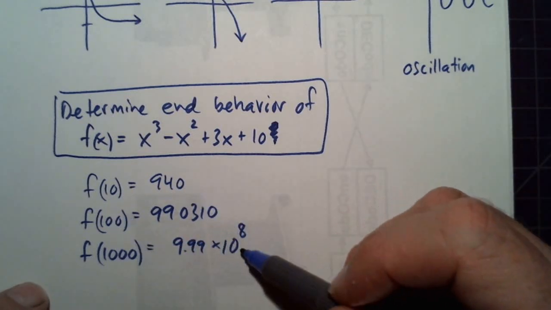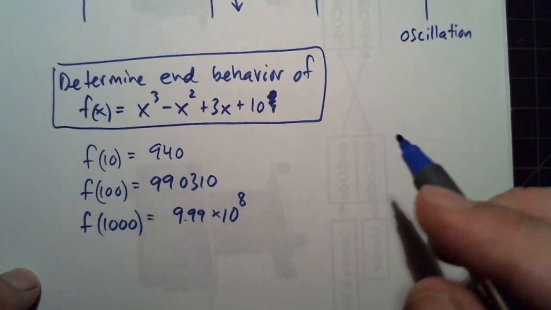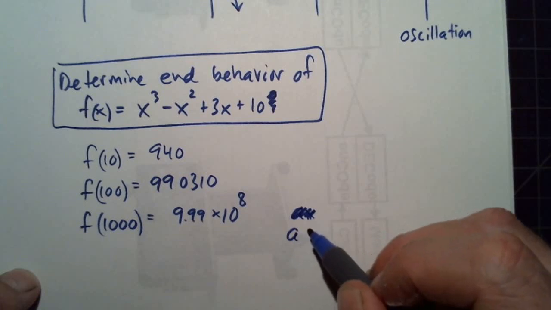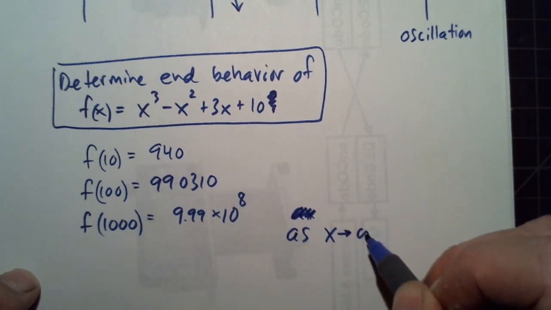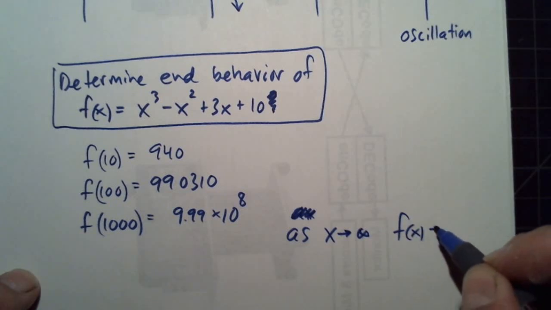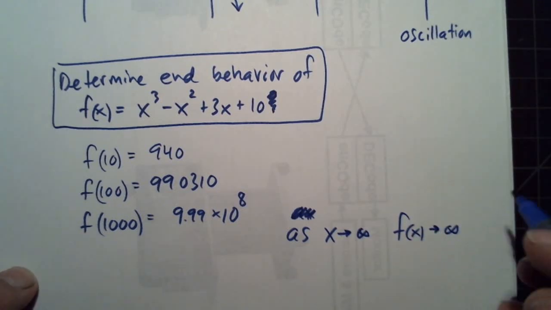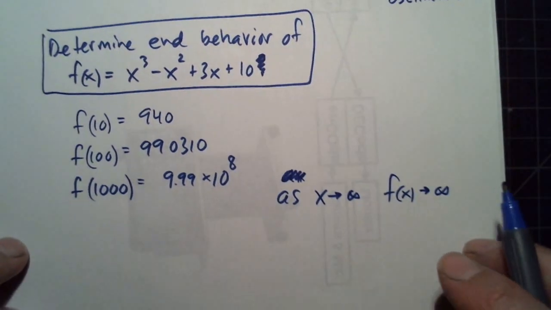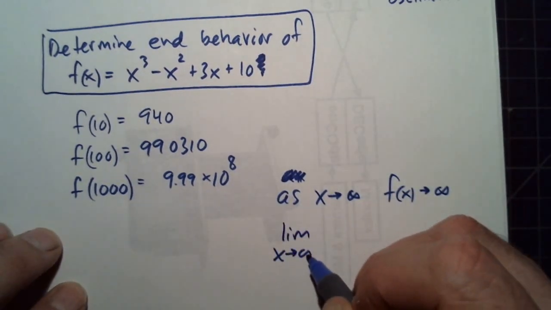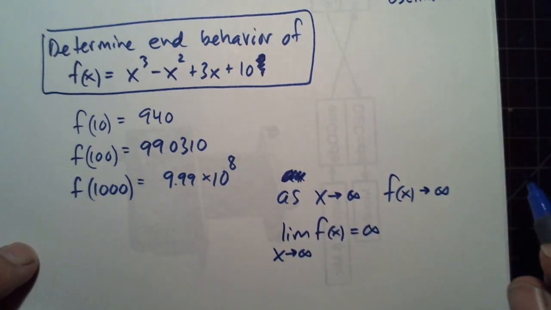The y values are just getting larger and larger, and we see that as x goes to infinity, f of x goes to infinity. We could write the limit as x goes to infinity of f of x is infinity.